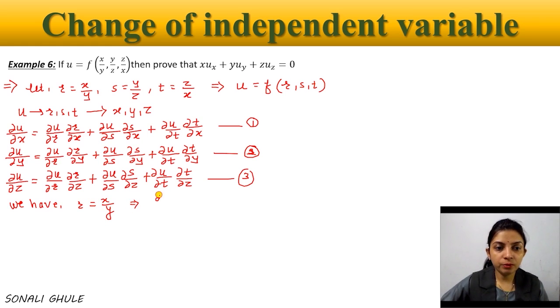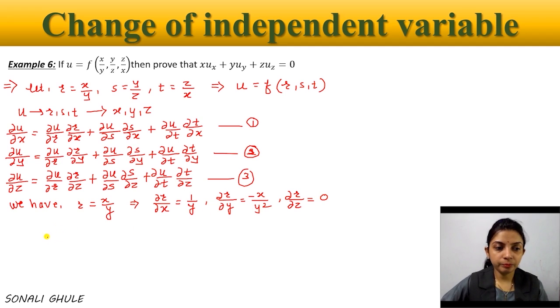So what are the derivatives of r? See here, r with respect to x, 1/y is constant, so the derivative with respect to x is only 1/y. Now r with respect to y, keeping x constant, that will be minus x/y². Then r with respect to z. There is no z, so the complete term is constant and its derivative is 0.